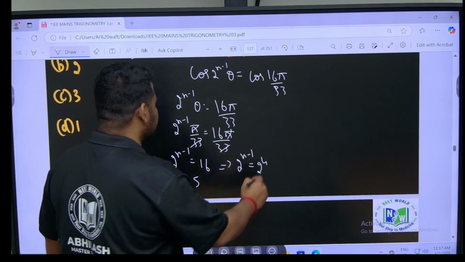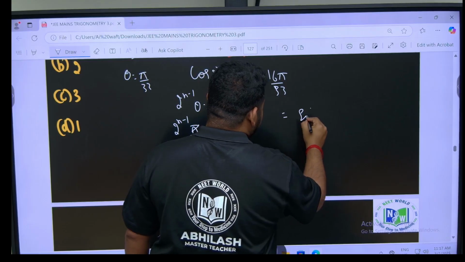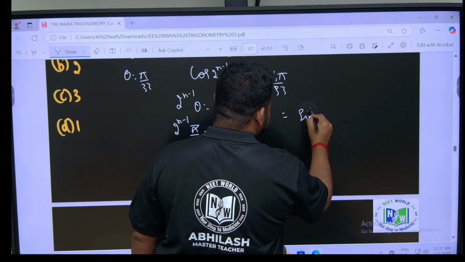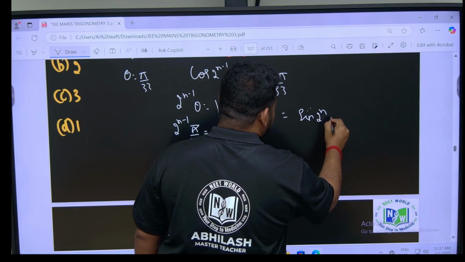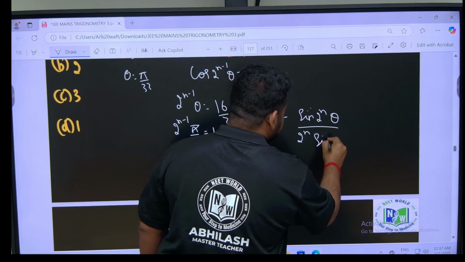So we have the formula now: sine of the total will be equal to sine of 2 to the power of n theta divided by 2 to the power of n into sin theta. Correct?